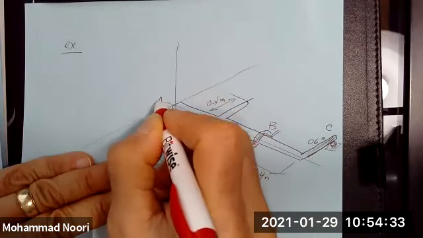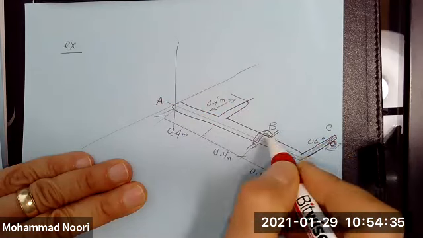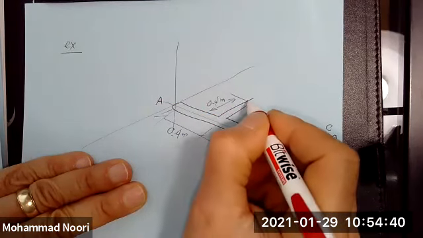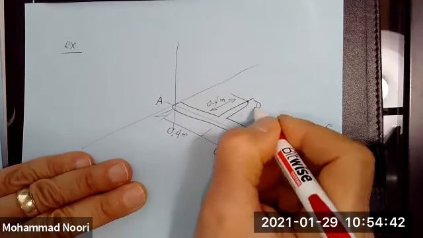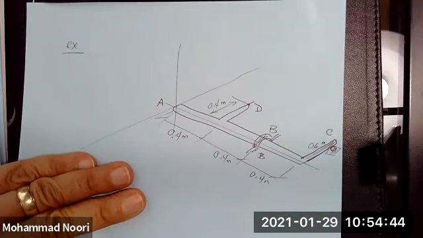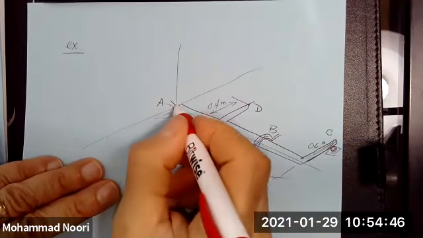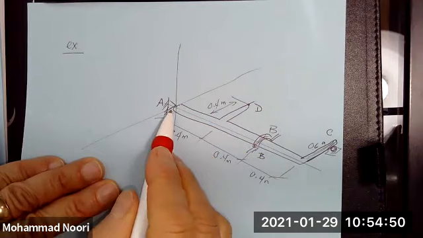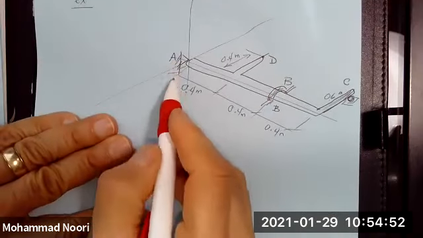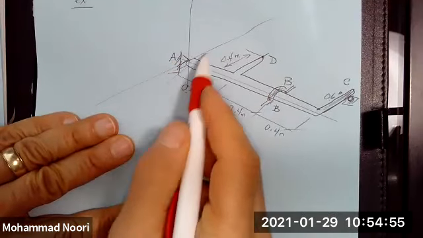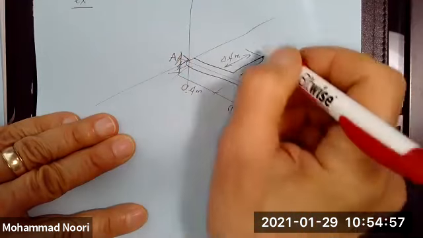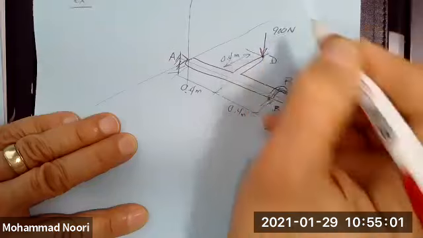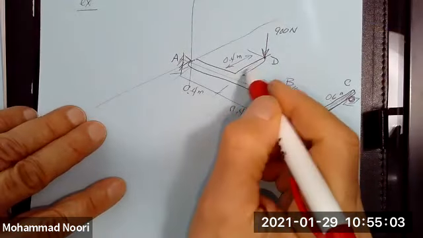So this is A, this is B, this is C, and this is point D. You have a ball and socket joint at A. That means all rotations are allowed. The only thing not allowed is movement in these three directions. You have an applied load of 900 Newton acting at point D.